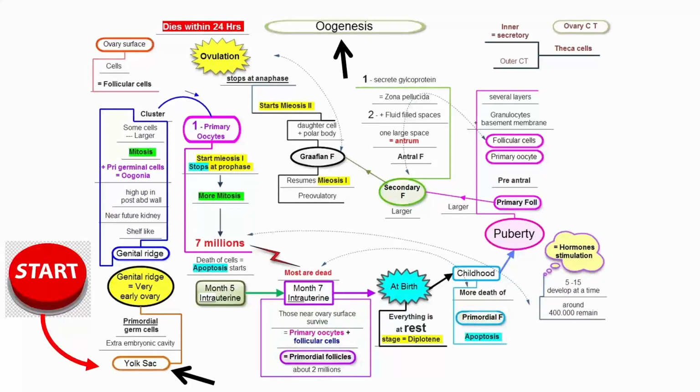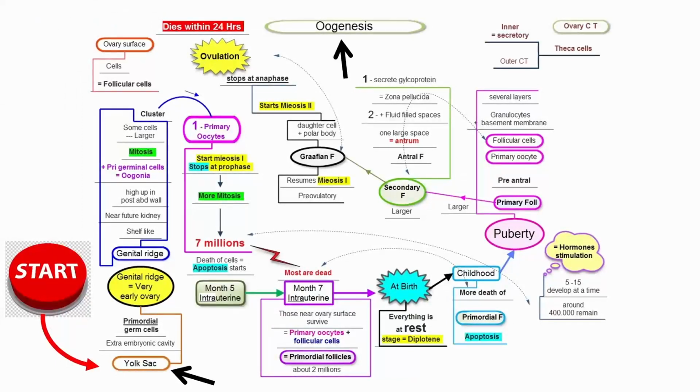These cells, the Graafian follicles, are going to resume meiosis 1, which was stopped at the early prophase many years ago.